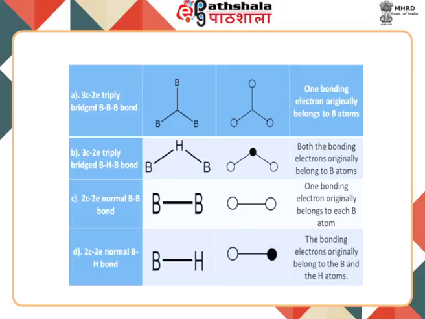Although the framework electrons of BN cluster are highly delocalized, that is, they belong to all the boron atoms of the framework, yet the localized 3-center 2-electron and 2-center 2-electron molecular orbital approach can explain the main features of the structure of boranes.